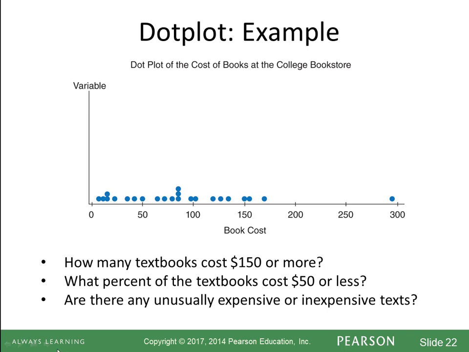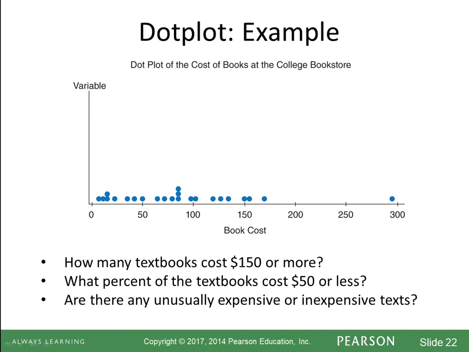Now, in a different example, what's the cost of the textbooks? We can look at this, and here is the value of our textbooks. We can look at how many textbooks cost $150 or more. 1, 2, 3. What percent of the textbooks? Well, we'd have to count up all the dots, and then we're going to do $50 or less.